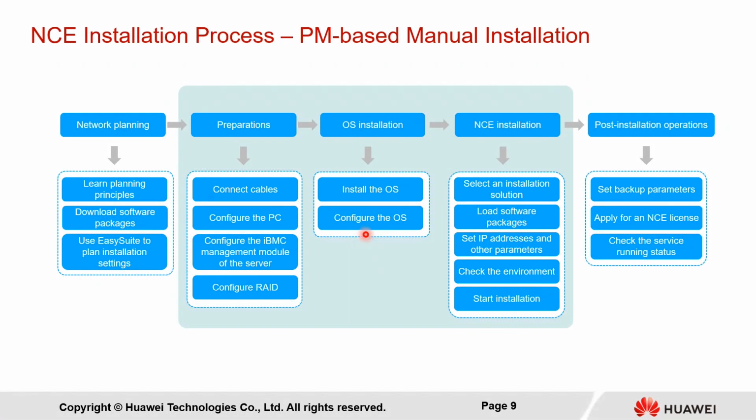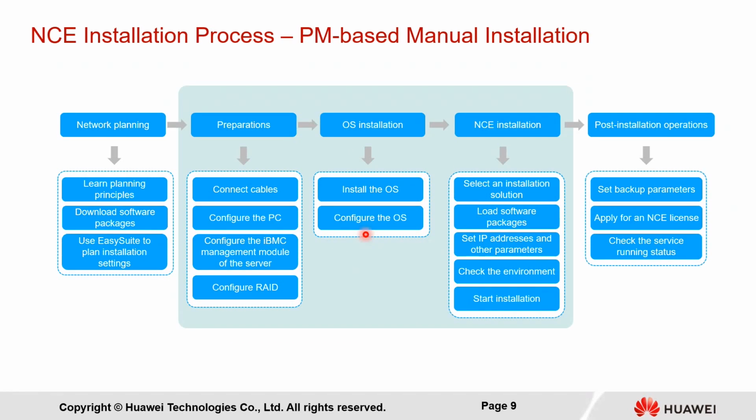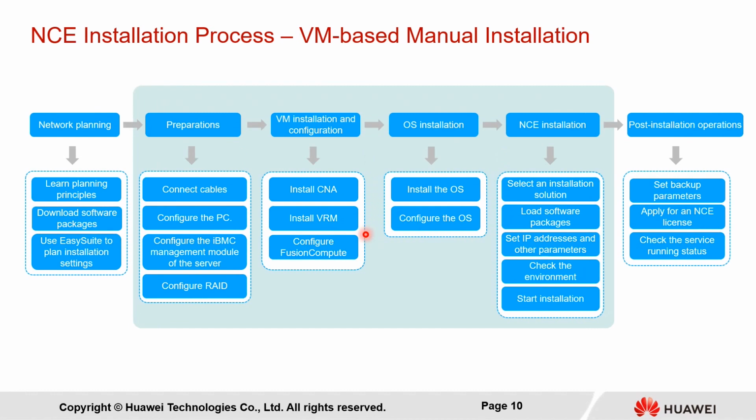That's the only difference between the one-click installation and the manual installation. And for VM-based manual installation, as you can see here, you need to add another part, the VM installation and configuration. You need to install the CNA, VRM and configure the Fusion Compute.